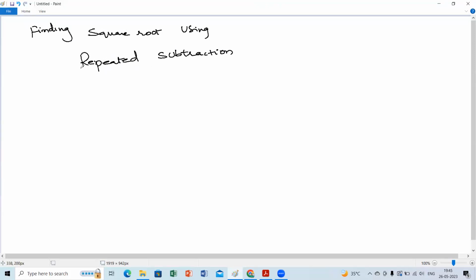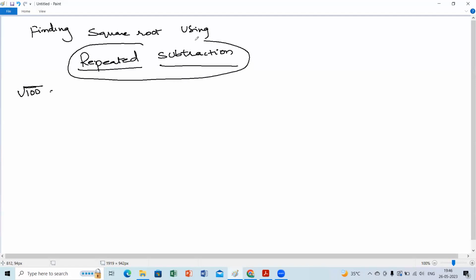I'll come back. Repeated subtraction. So I'm taking the number 100, finding the square root of 100 using repeated subtraction. You know very well it's 10, but we are doing a procedure. They mentioned you should use repeated subtraction only. If you do it directly, they won't give marks. They will put 0 for you.